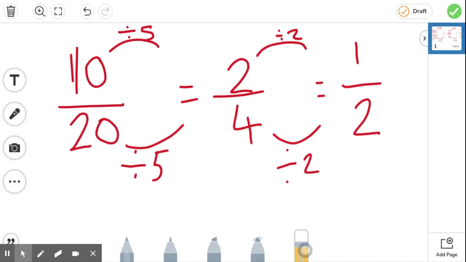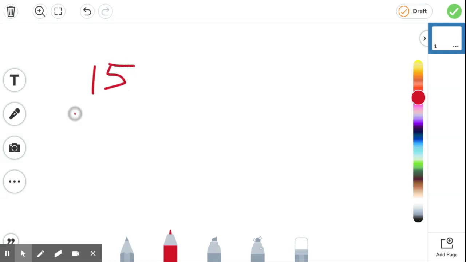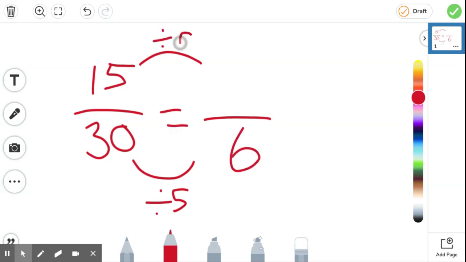Let's try that one more time with another example. So we could have 15 out of 30. You want to find the number that we can divide both the numerator and denominator by, which in this example, we could divide by 5. So 30 divided by 5 is 6, and 15 divided by 5 is 3.